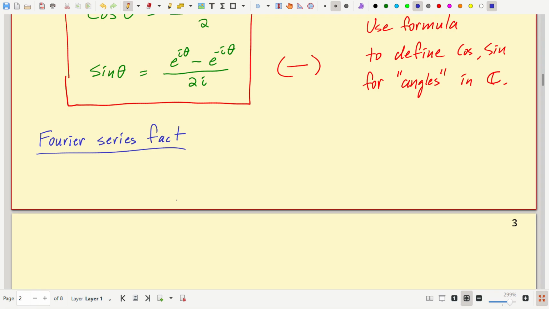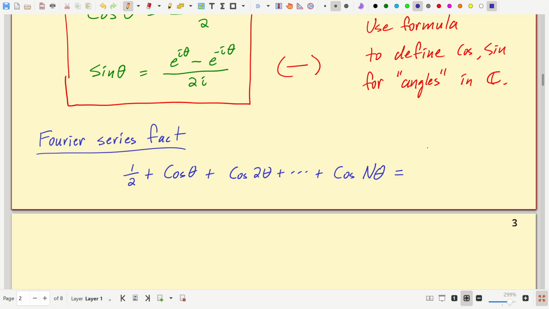Let's see, a famous Fourier series fact is this Dirichlet kernel that comes up when you analyze Fourier series. It's 1 plus cosine theta plus cosine 2 theta plus etc. cosine n theta. That looks like it could be something horrifically complicated because those things are all wiggling at different rates. And cosine n theta is a very fast wiggling thing.